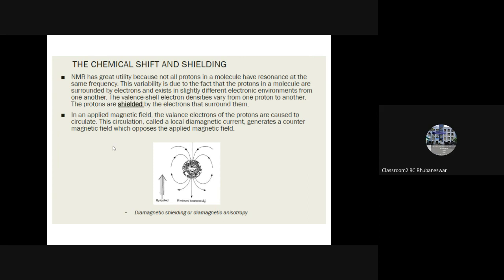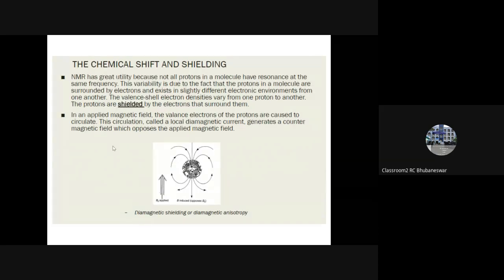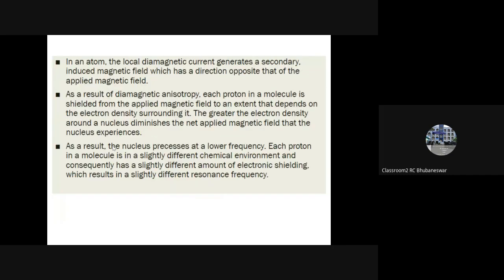Here I will discuss clearly what chemical shift is and how it varies, and we'll also see shielding and de-shielding effects. In an atom, the local diamagnetic current generates a secondary induced magnetic field which has a direction opposite that of the applied magnetic field.